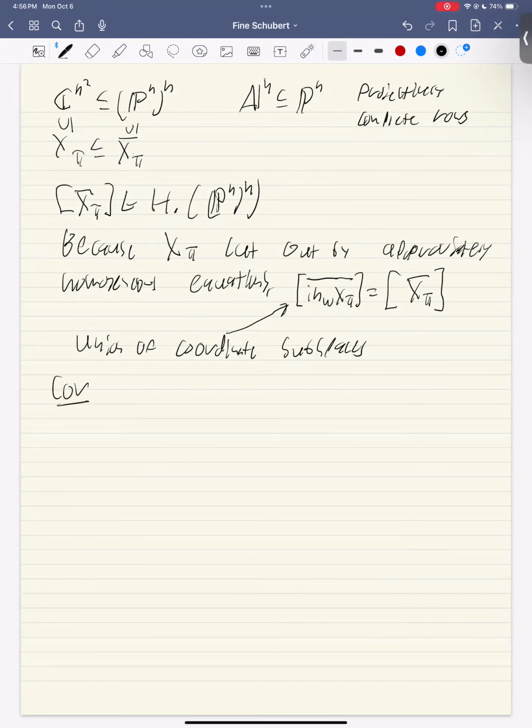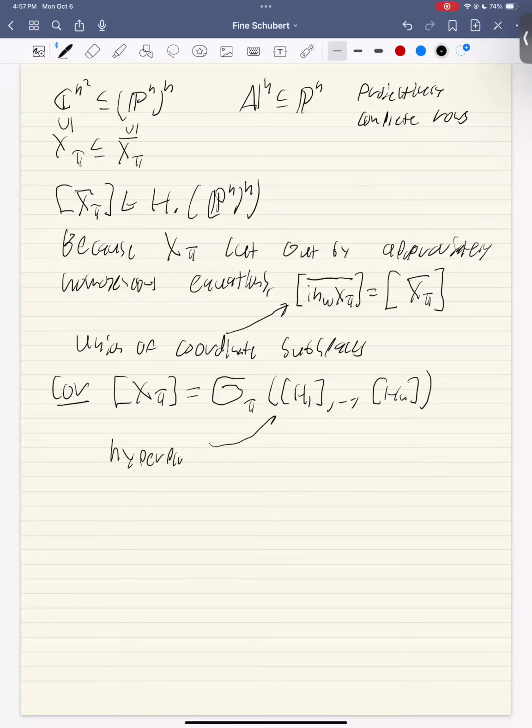The corollary is that this homology class is equal to the class of the Schubert polynomial of pi evaluated at h_i, where h_i is the hyperplane class from the ith factor, and then you cap with the fundamental class of Pn to the n.